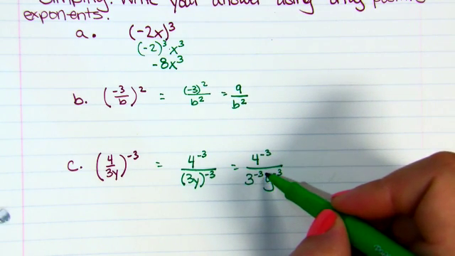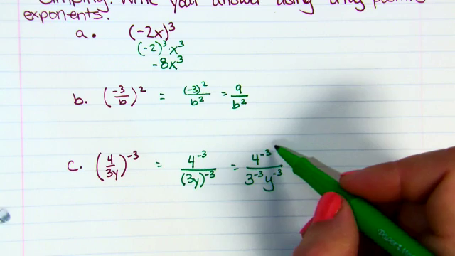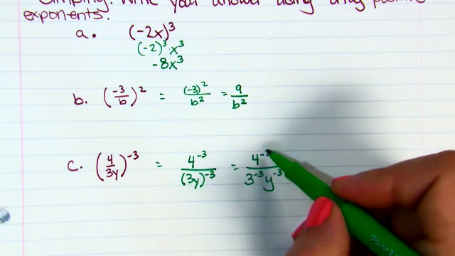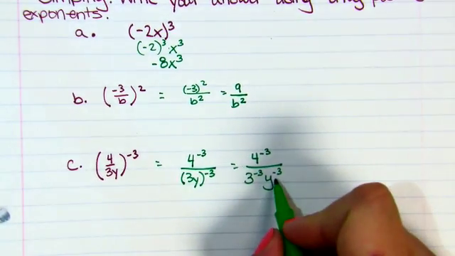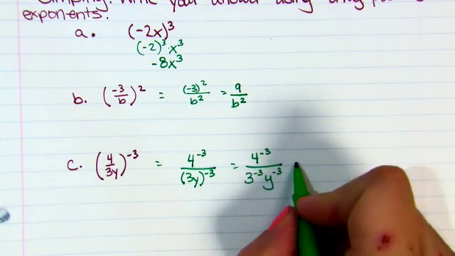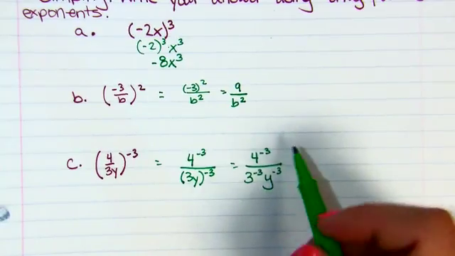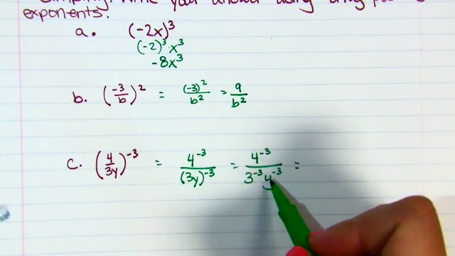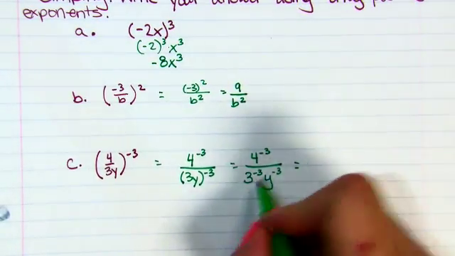This 3 to the negative 3 then is going to end up in the numerator. So these two are going to switch spots. And then I also have a negative 3 on my y, so my y is going to be moved up into the numerator.